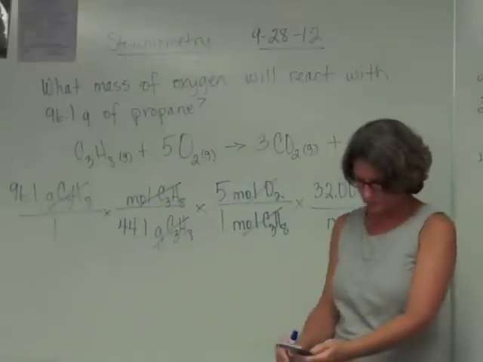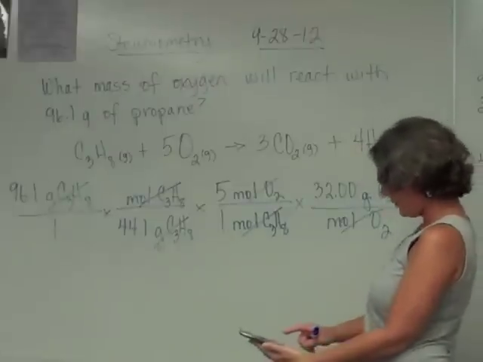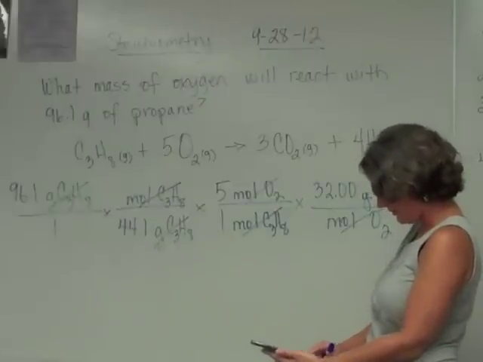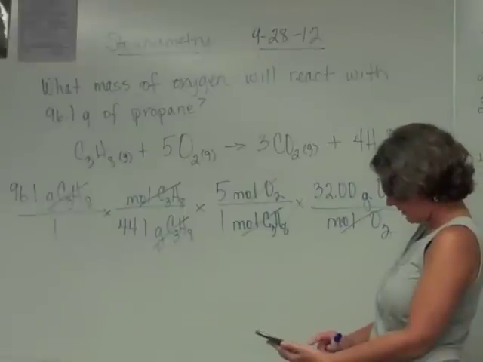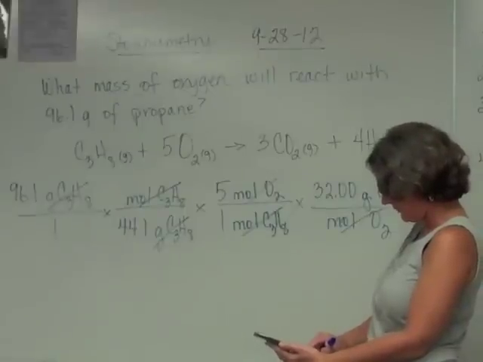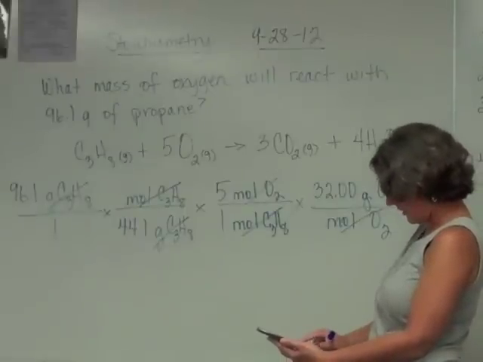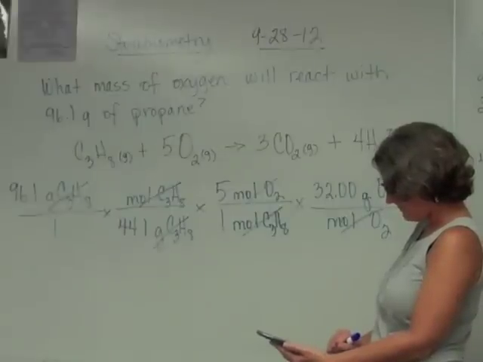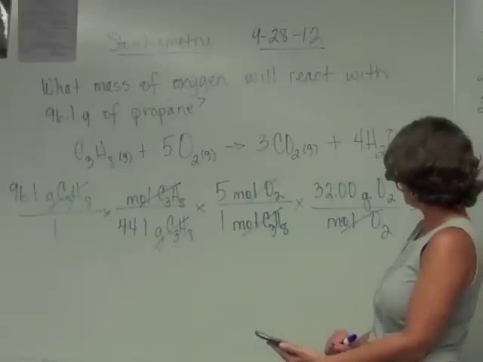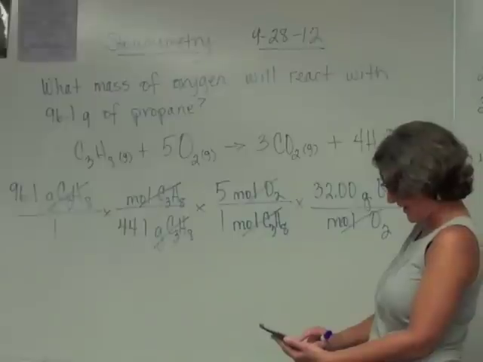Okay, so we go 96.1 divided by 44.1 times 5 times 32 equals... that just doesn't look like a right answer to me.